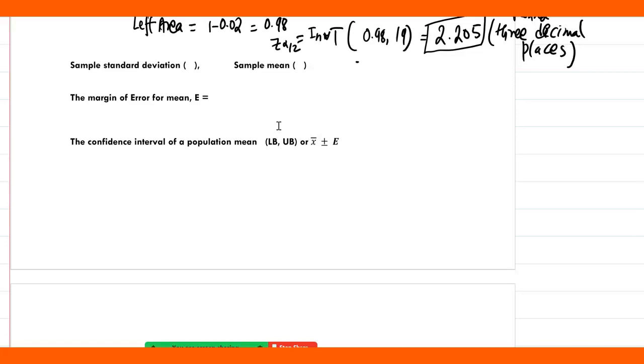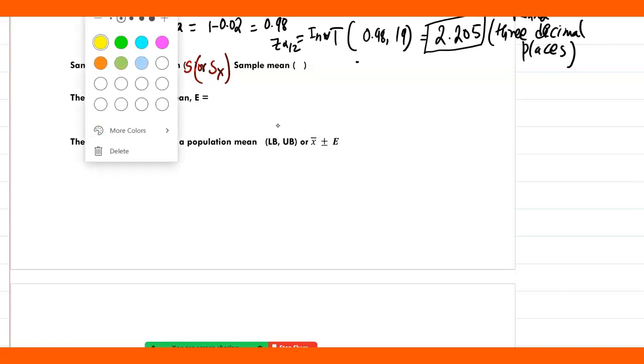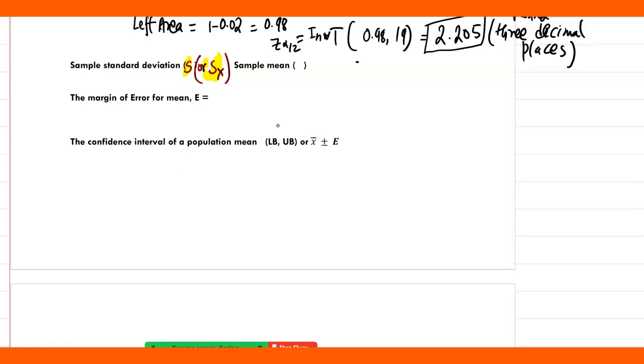The calculator has Sx. That's the sample standard deviation, whether you call it S or Sx, the same thing.